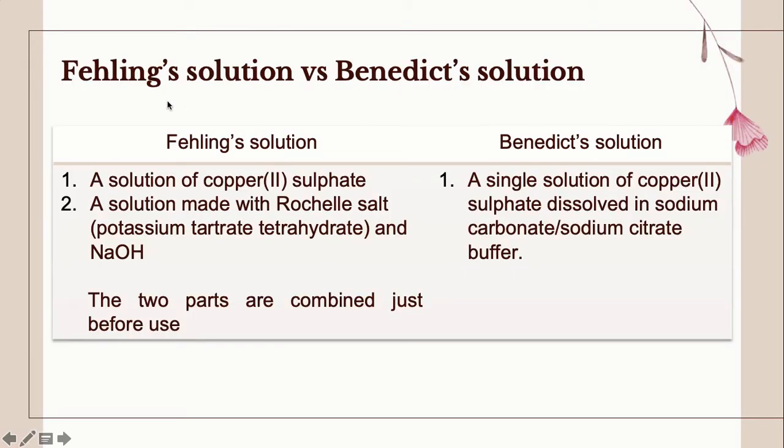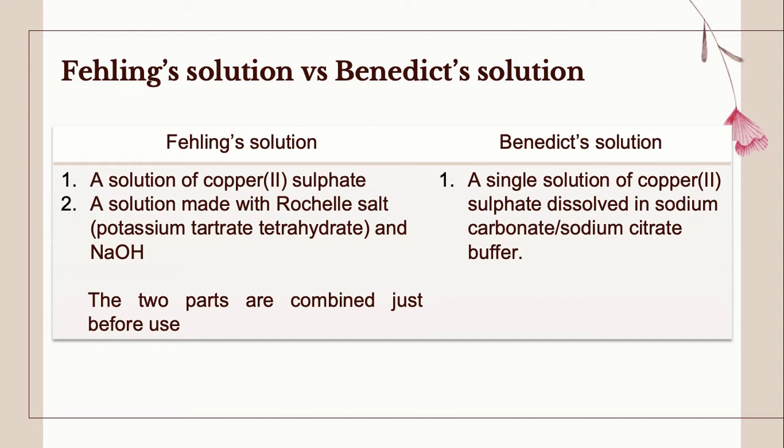The difference between Fehling's solution and Benedict's solution. Fehling's solution is a solution of copper(II) sulphate combined with a solution made with Rochelle salt, potassium tartrate tetrahydrate, and sodium hydroxide. These two parts are combined just before use in an experiment.